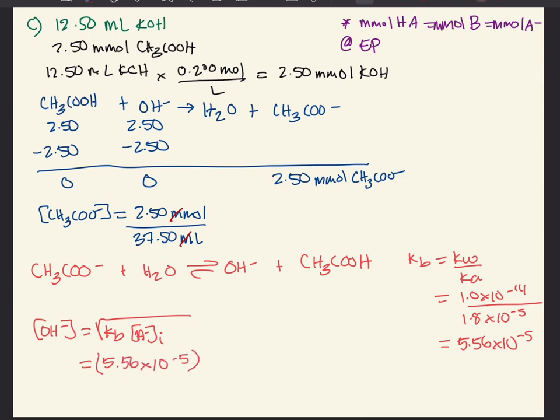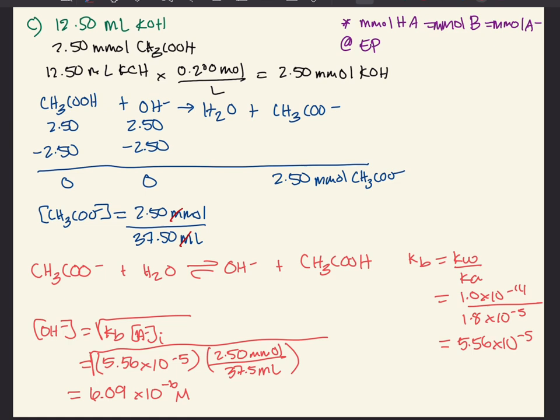And then I can multiply it by my initial concentration, which we already established was going to be 2.5 millimoles over 37.5 milliliters. Now, what you need to realize is, in this case, since we are using the concentration of hydroxide, this will give us a way to calculate the pOH. So I can take the square root of all of this, and that will give me 6.09 times 10 to the negative 6 molar.